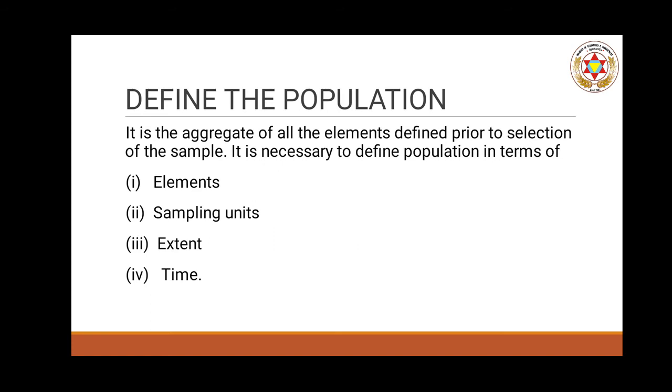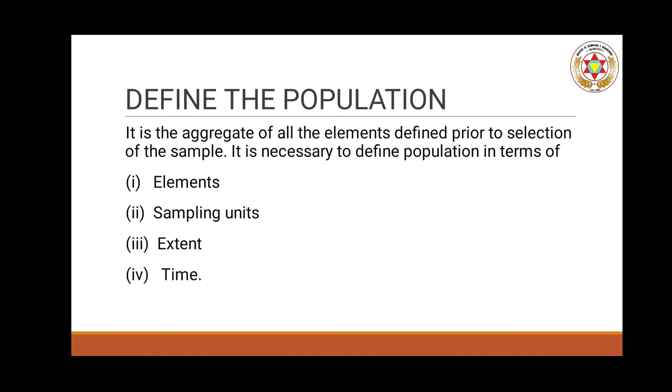Suppose we were to conduct a survey on a consumer product which is being used in households. Here the element is the product, and the sampling unit could be the retail outlets or the malls or the supermarket where we can exactly get the product.